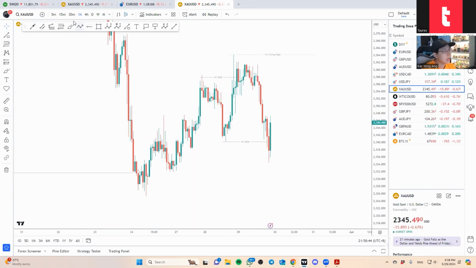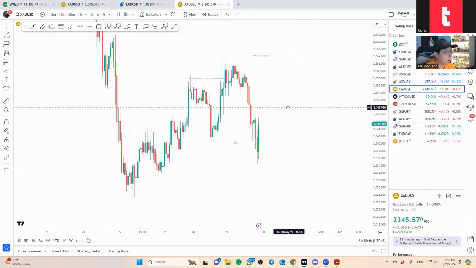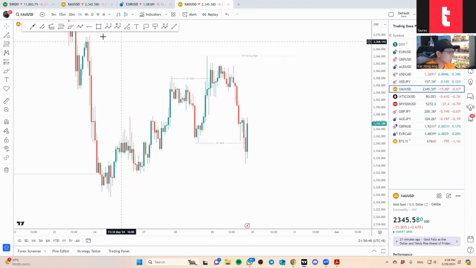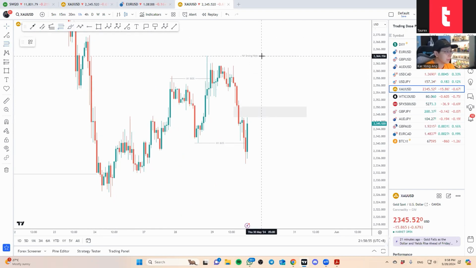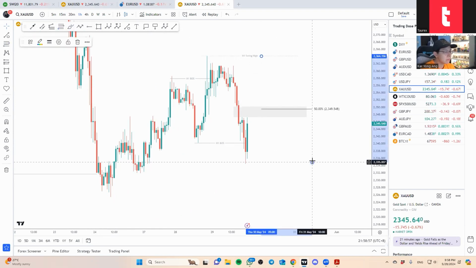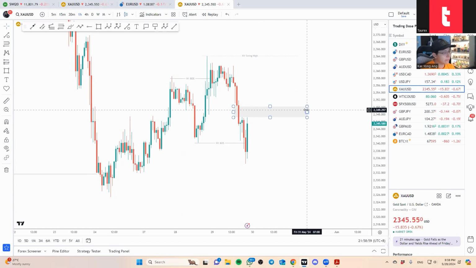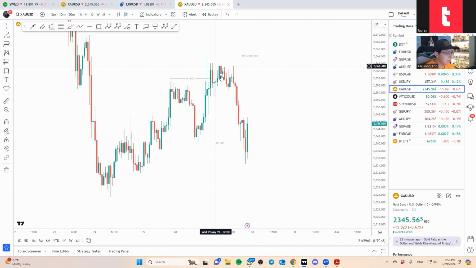And on H1, to be honest, we don't really have an obvious fair value gap. You can see we have one here, but that's below your premium, so you don't want to be focusing on that fair value gap. On top of it, there's really no fair value gap here on the H1. Even if you're looking at a lower time frame, you don't want to just jump in anytime. You want to follow that process.